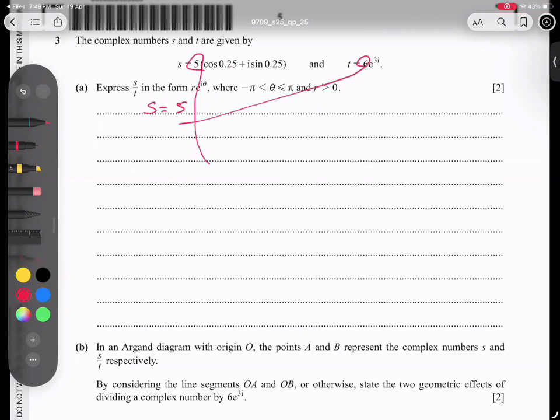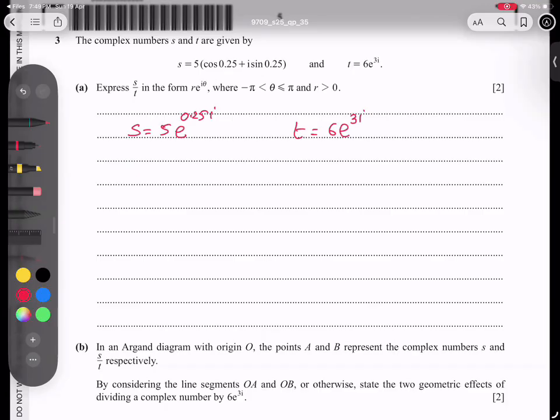Here the modulus is 5. Then exponential, and the power of e, I write 0.25 iota. So this way of writing is the same thing. We have done it. Now T is already 6 e to the power 3 iota.